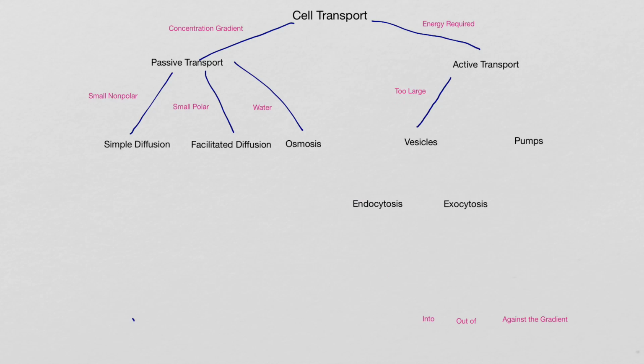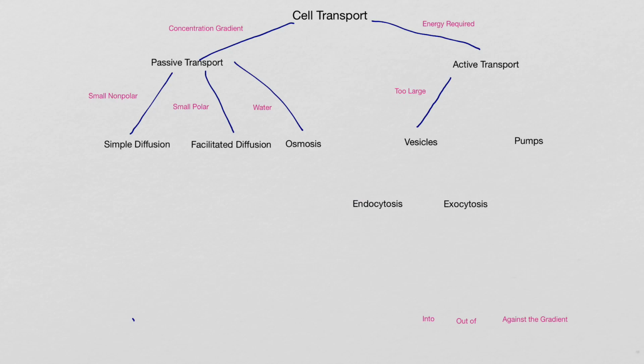So that is a huge size difference that just can't go in and out. And so you have to be able to make these vesicles, which, if you remember, are kind of the bubbles of phospholipid bilayer that can encapsulate something and then be able to move it into the cell or out of the cell. And so when we're talking about vesicles, we have two main different kinds of things.